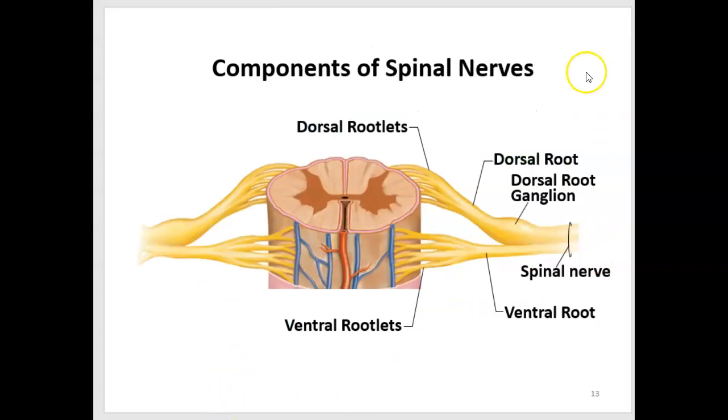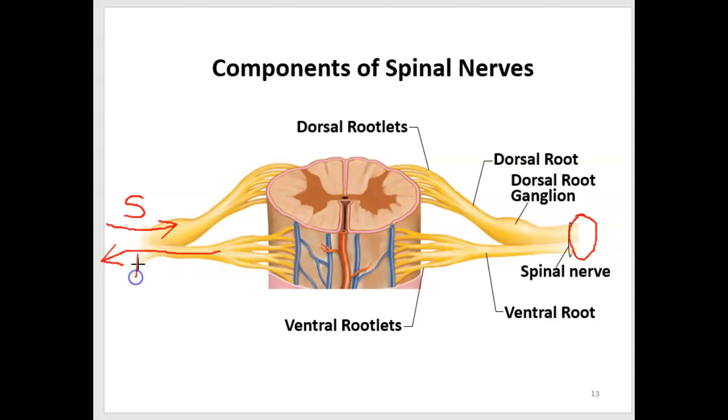Let's look at spinal nerves a little bit before we examine those gray matter horns in more detail. So a spinal nerve, labeled here, is actually carrying both sensory information coming in to the spinal cord and motor information that's leaving the spinal cord.